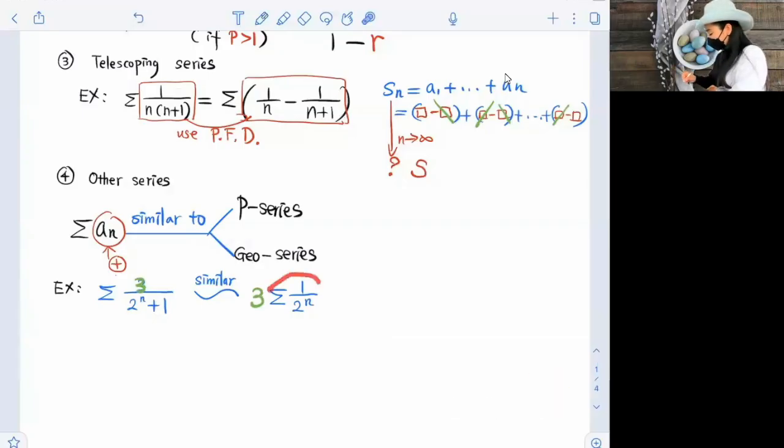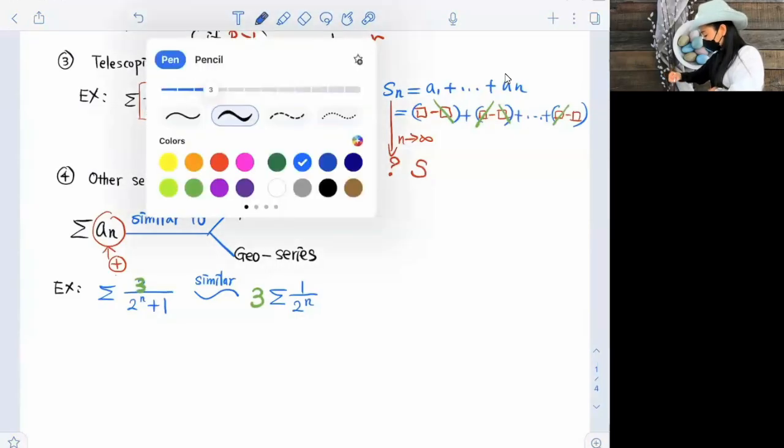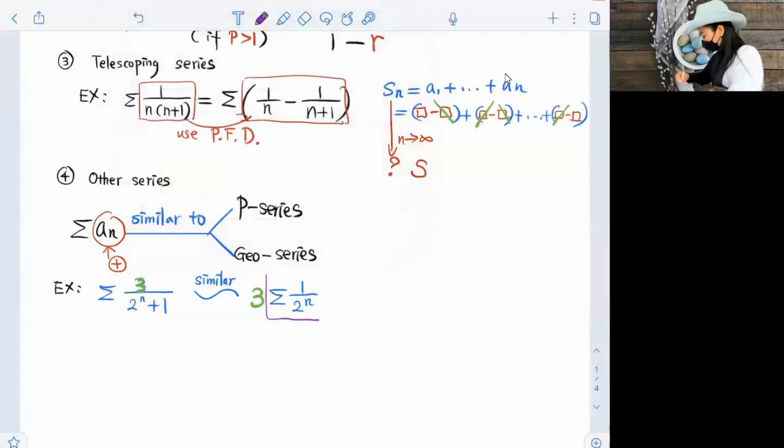Now, this series here is what kind of series? Geometric. Yes, very good. This is the geometric series.